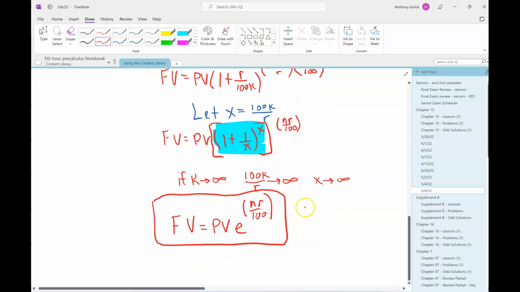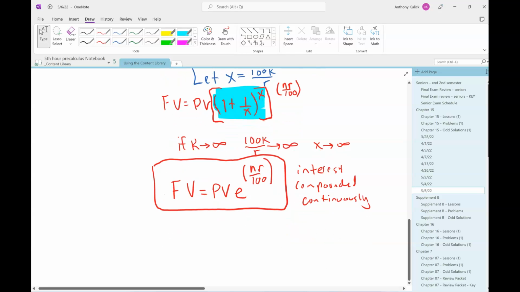This one specifically for interest compounded continuously. And again, I'm not going to redefine FV, PV, N, and R. Those are all the same quantities as last time.